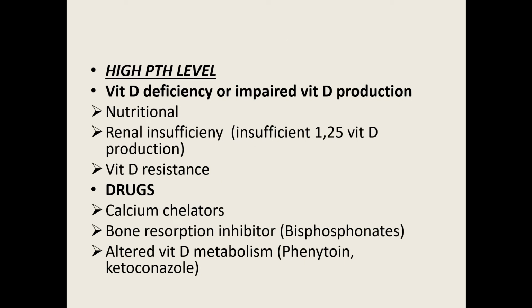And high parathyroid level causes are like vitamin D deficiency, nutritional or renal insufficiency as in CKD patients, or vitamin D resistance states like uremia, and drugs like calcium chelators and bone resorption inhibitors like bisphosphonates, and increased vitamin D metabolism in patients taking phenytoin and ketoconazole.